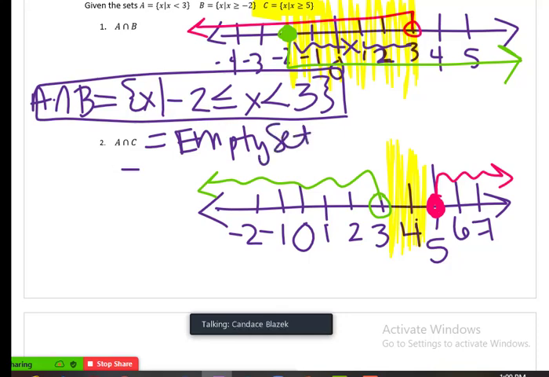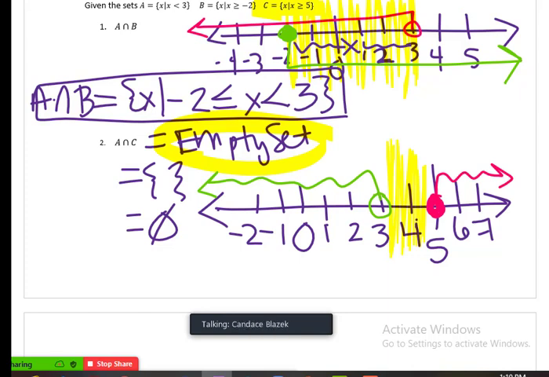You could say their intersection is empty with the curly brackets, or their intersection is the empty set. Okay, and that's totally okay. We're just trying to answer the question.